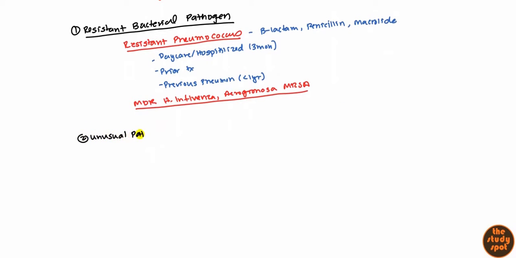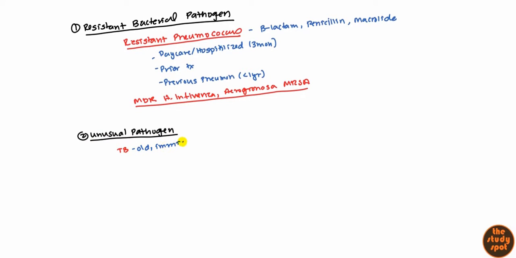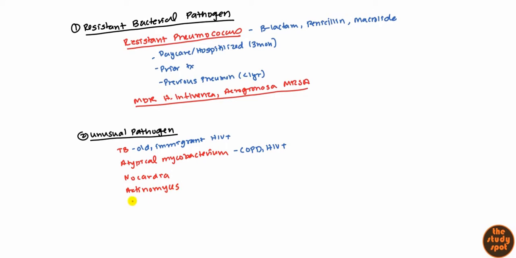Unusual pathogens would be something like TB, and this you think of if it was an old patient, an immigrant, or someone who's HIV positive. Besides that, you could also have an atypical mycobacterium, and this is again most common in COPD and HIV patients. Nocardia is common in immunocompromised patients.